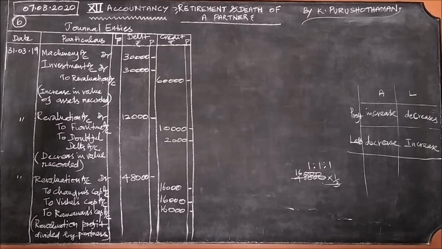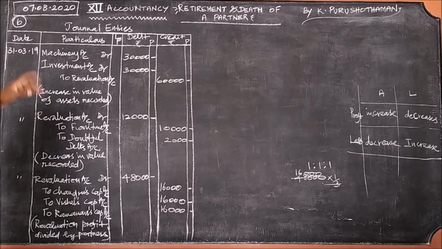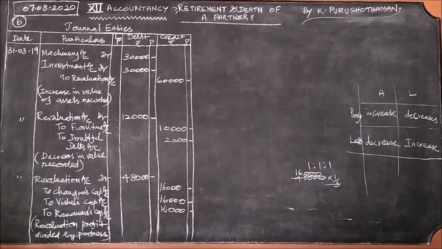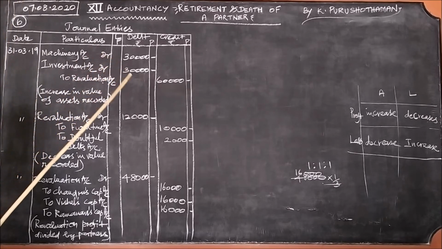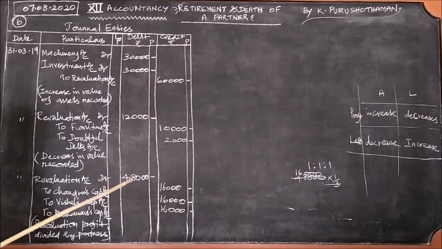So, from this, what can you find? First journal entry for profit, second journal entry for loss, third journal entry for when there is some excess profit. When there is excess loss, this entry will be reversed. And how can we correlate? For the profit items, items to revaluation.